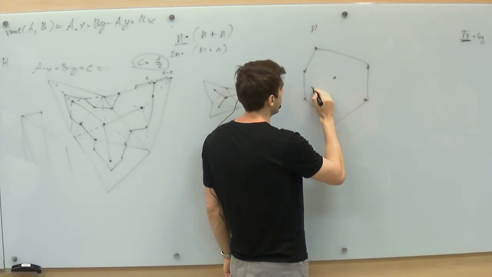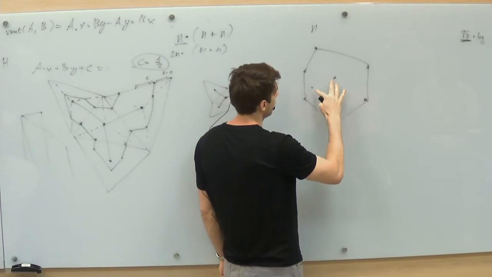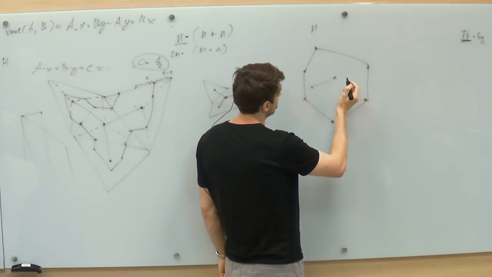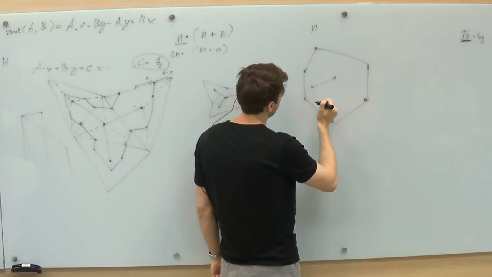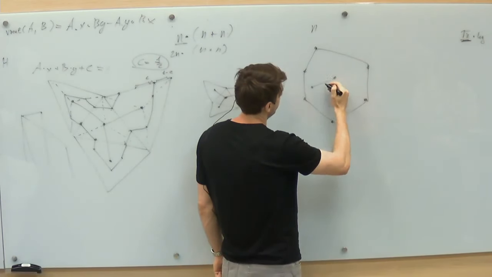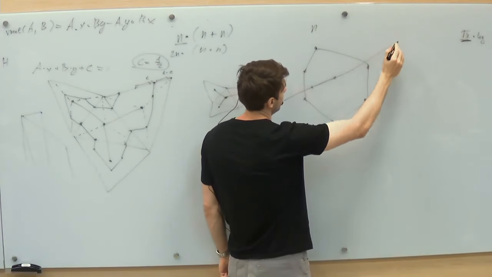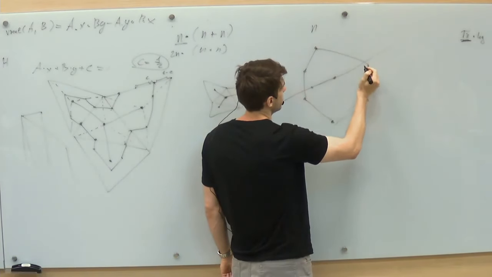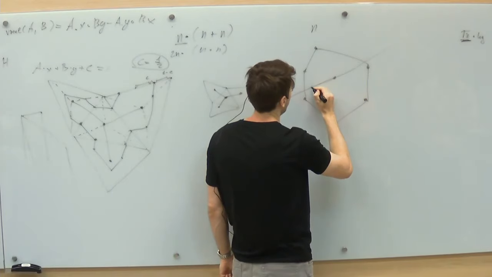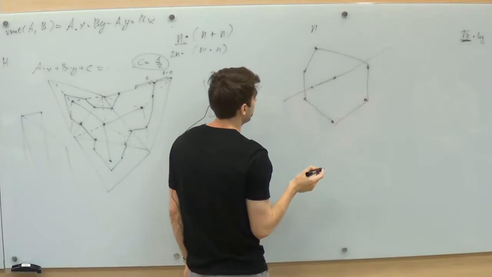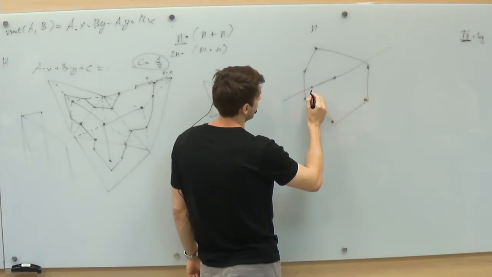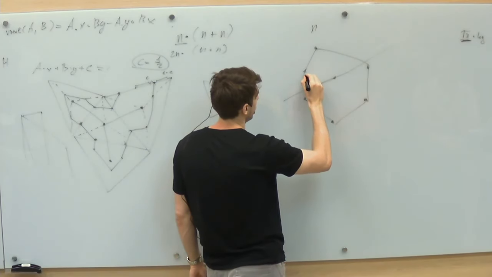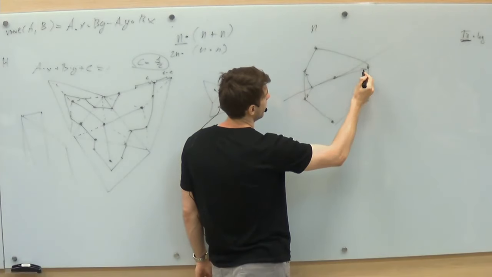If you have, for example, two points which are not from the convex hull, you can choose a segment. If we just continue our line here and find the edge where it intersects the convex hull, it will always be not worse for us to move this point either here, and the same from here.